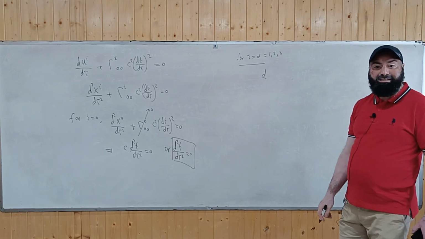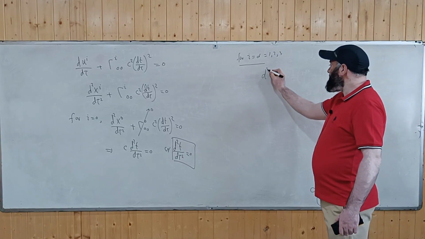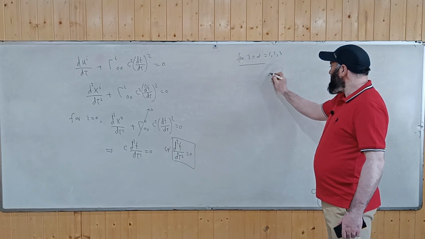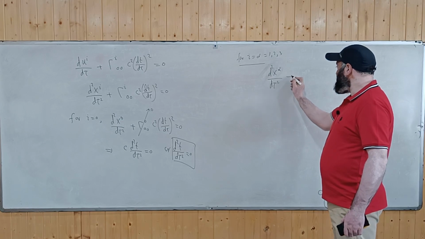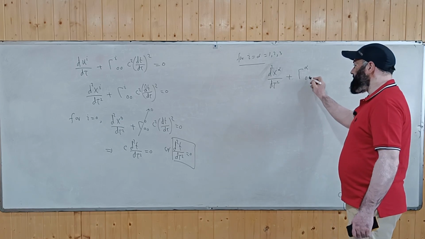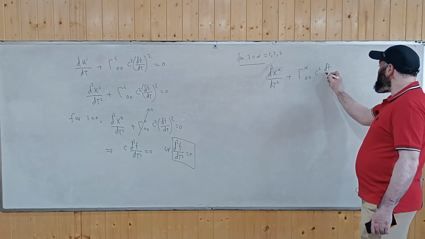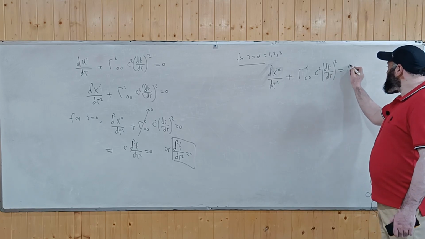Can you tell me what I should write? Let me write this thing: d²x^α/dτ² plus Γ^α_00 c² (dt/dτ)², so that's equal to 0.